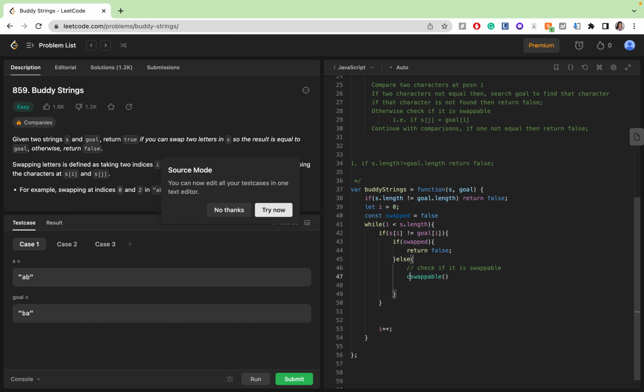If it is swappable, then I would need to return a position. So suppose this is swappable at position j, then what should I do?